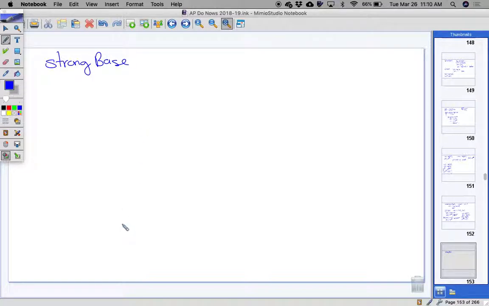What are the strong bases? We don't have a periodic table in here, sorry. What are the strong bases? Yeah, it's the group 1 hydroxides. And then there are 2 more, and sometimes the calcium and the barium from group 2 are somewhat soluble and they're strong.